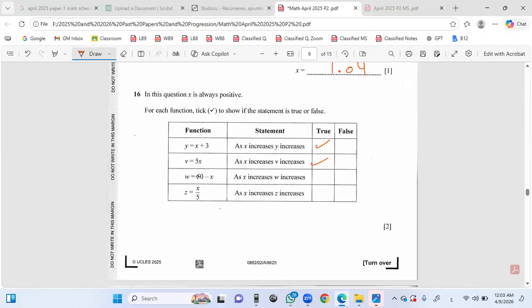No way. 50 minus 10 is 40, but 50 minus 20 is 30. The w decreases, so it is false. Here, 10 divided by 5 is 2, but 20 divided by 5 is 4. So yes, if x increases, z increases.